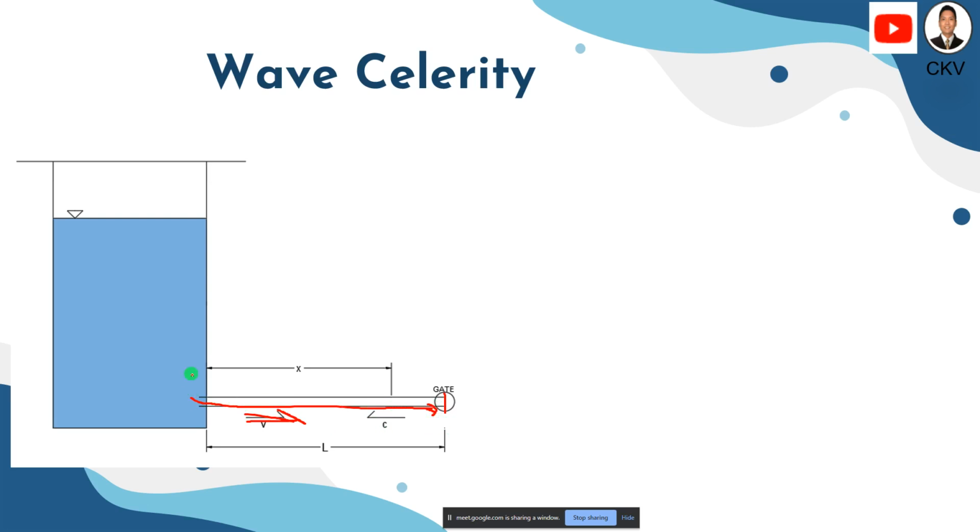When we suddenly stop the gate or the valve, there is an opposite velocity that is being caused along the pipeline. So this wave celerity can be used in determining the pressure acting on this gate.